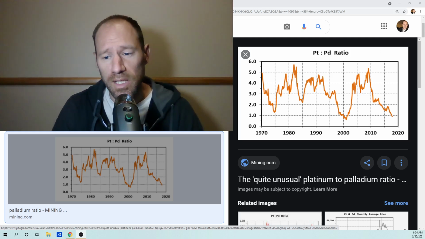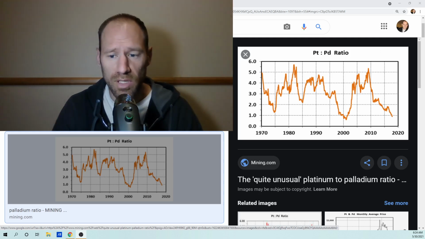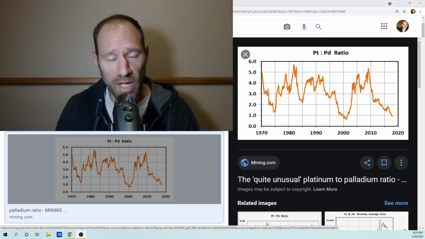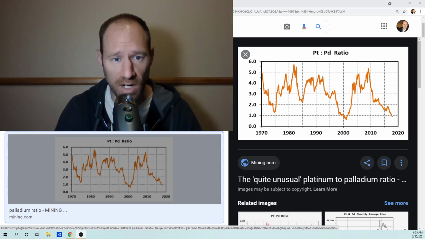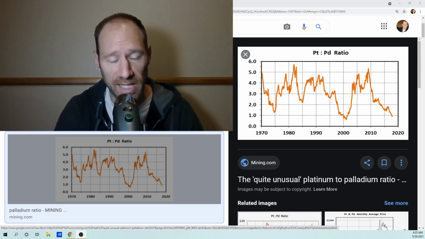Now, you can go to a dealer. You can ask them questions about swapping the metals if you're interested in doing physical ratio swaps. Ask them what the taxes are. Ask them when they have to do a 1099.